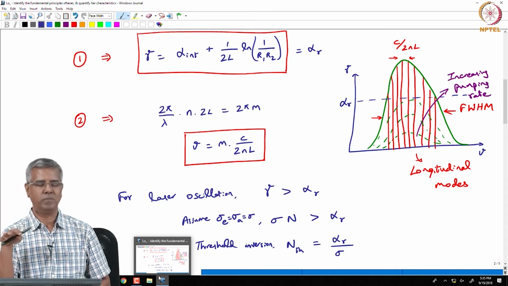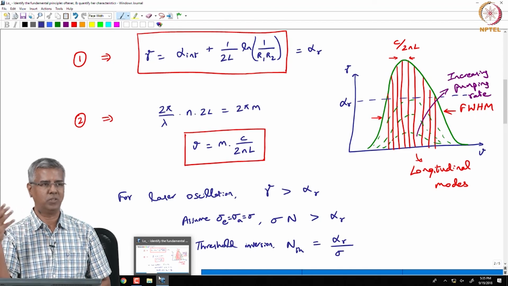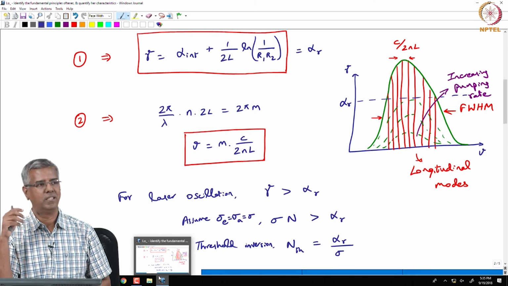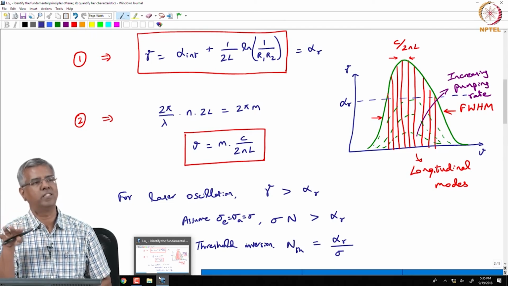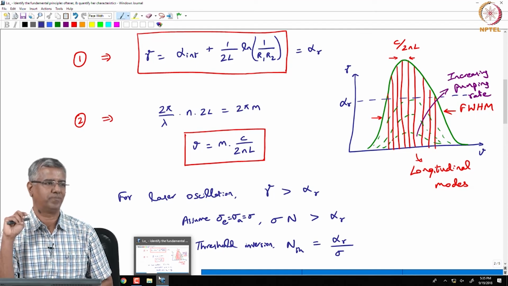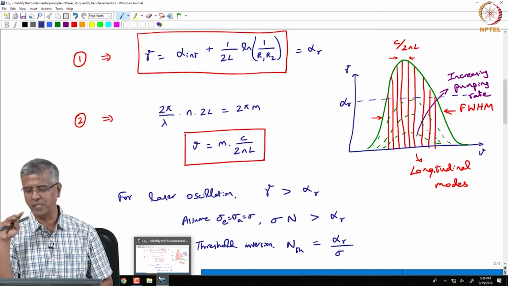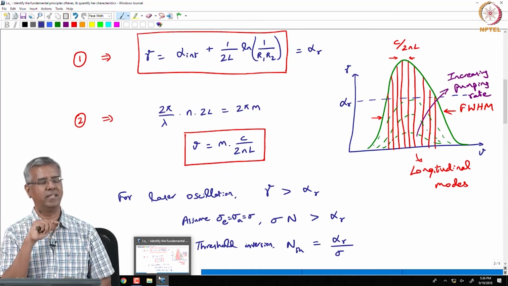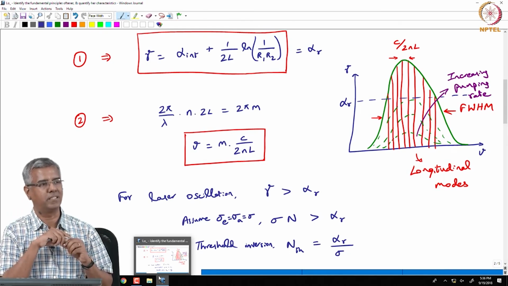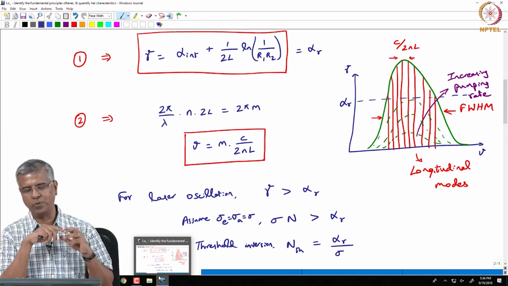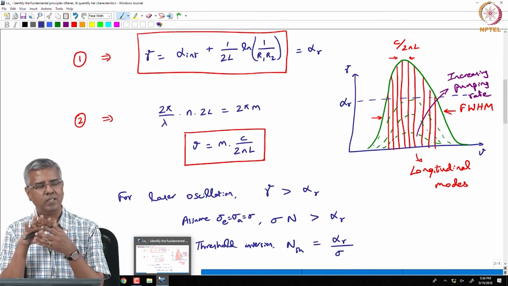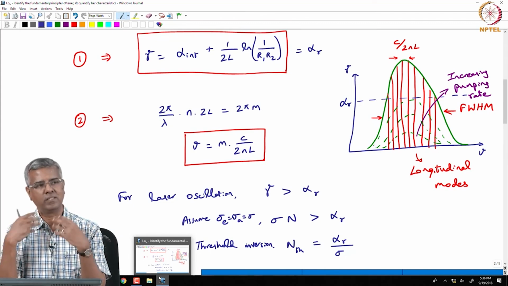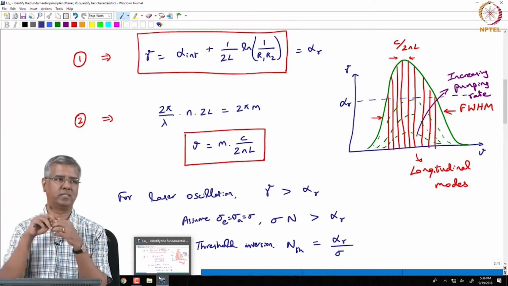The medium is subjected to certain temperature, certain perturbations, so you do not have a good phase relationship between the longitudinal modes. Each of those longitudinal modes is oscillating around the center at different rates. So if you do not have all of them oscillating synchronously, you will actually have a continuous emission.